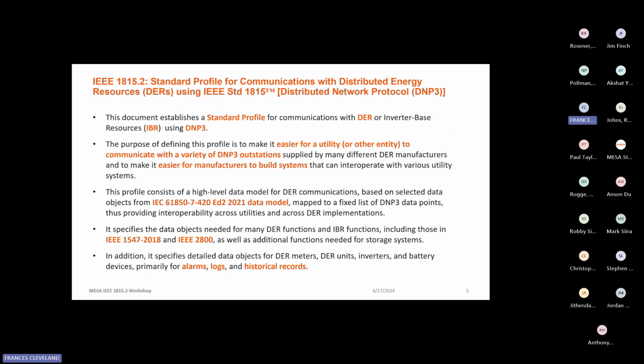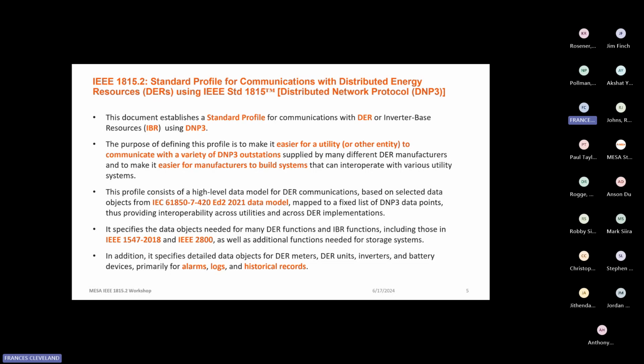So what exactly is 1815.2? It is a standard profile for communications with DERs using the 1815 standard, which is the DNP3 standard. So it's basically a profile for communications using DNP3.